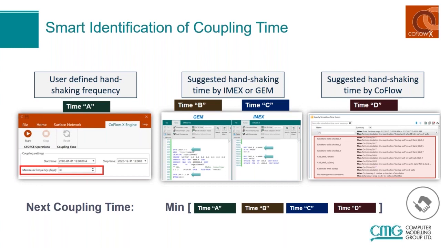So you have events happening in reservoirs, events happening in wells, events happening in facilities, and then there is a setting by the user. And Coflow X goes and picks the best suitable setting for the next handshaking time by picking the minimum of these numbers. And these numbers can actually be dynamically changing. And Coflow X will go and smartly pick the best number for handshaking so that your results are not compromised.